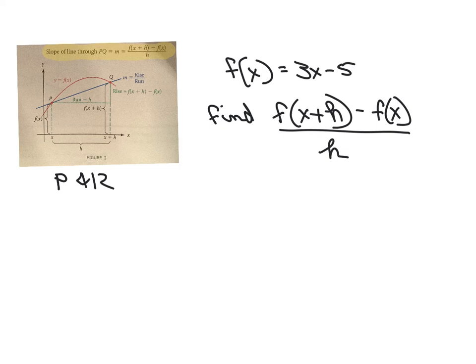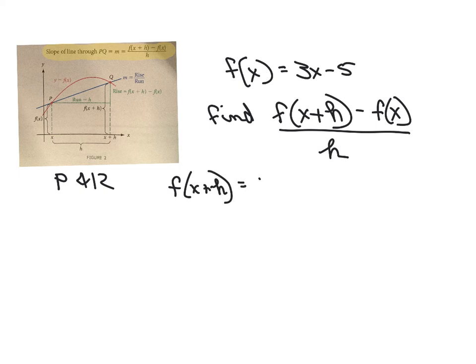So really the only thing we need to find is this here, because our f of x is this, and we're going to leave this h alone. So we're just trying to find out what that is. And the way you find out what that is, you look at this, and wherever you see an x, you put an x plus h in its place. So again, we're trying to find f of x plus h.